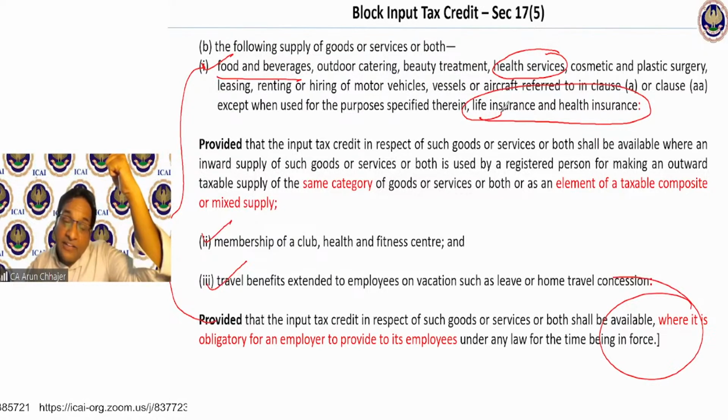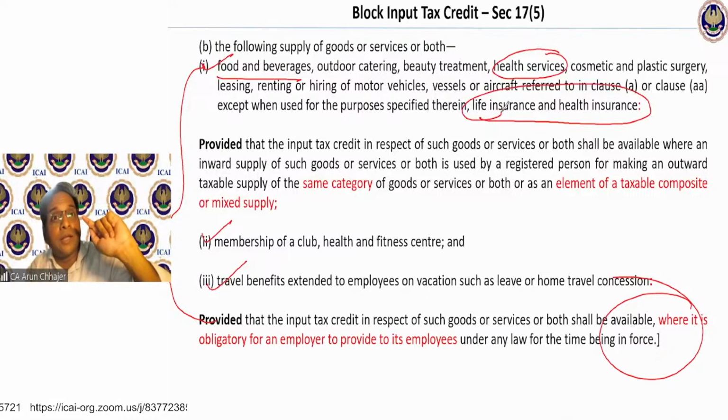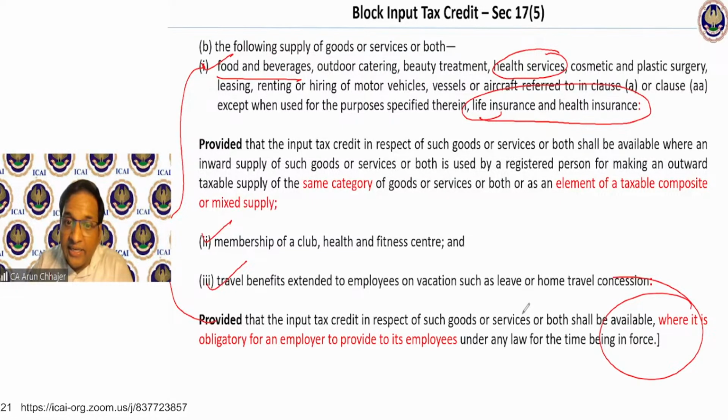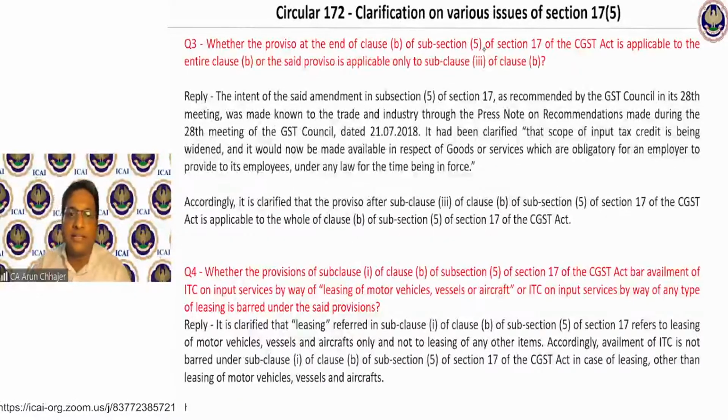In that period, if I have taken insurance, let's say life insurance or health insurance of my employee, ITC would be permissible because it is not optional, it is compulsion by the law. These are covered in the exception. I have written the relevant question of Circular 172.